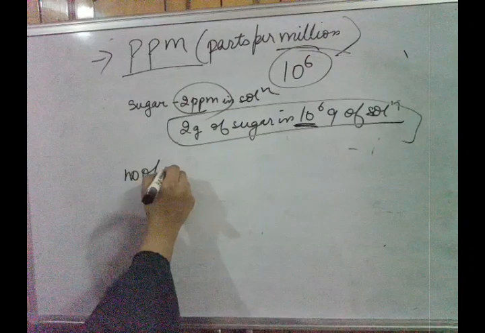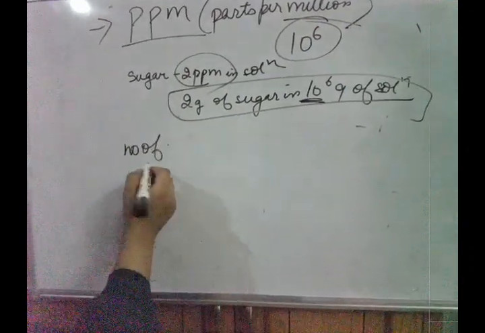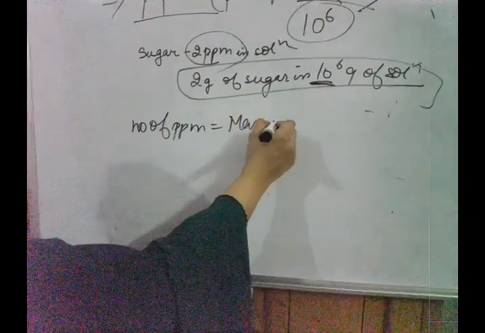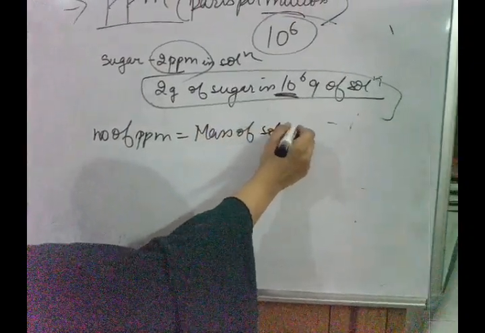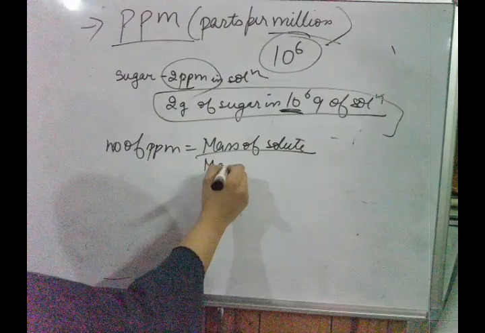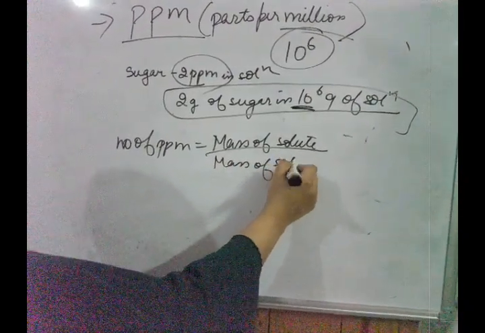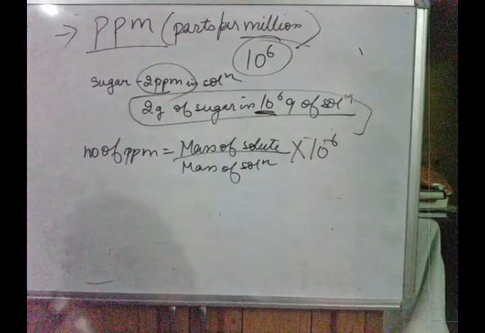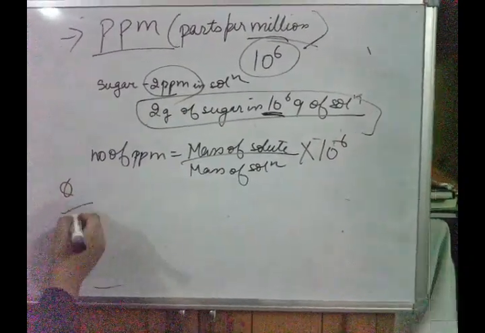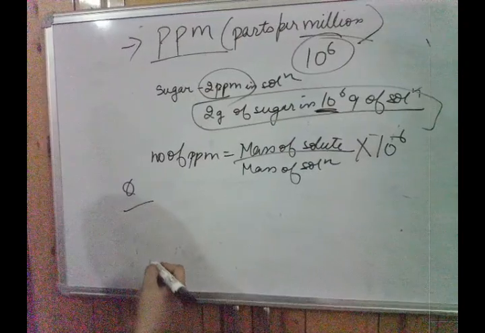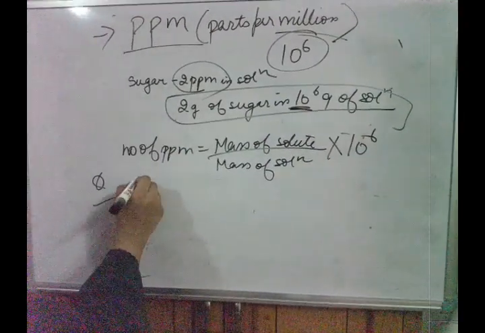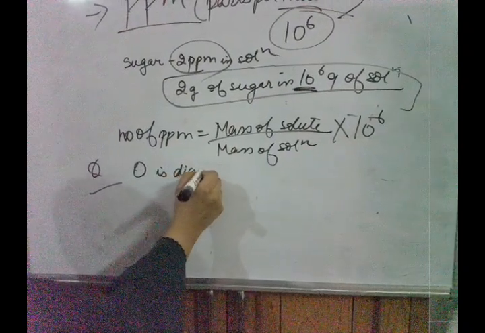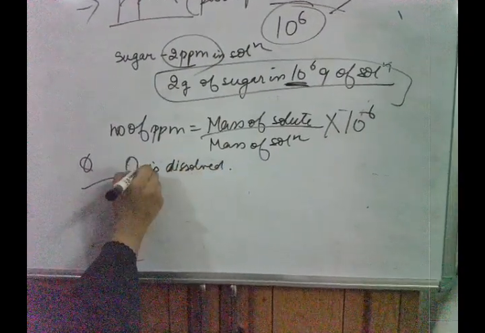Now if you have to calculate the ppm, how would you calculate? Mass of solute by mass of solution total, into 10 raised to the power 6. Again, with the help of an example you can understand it better.